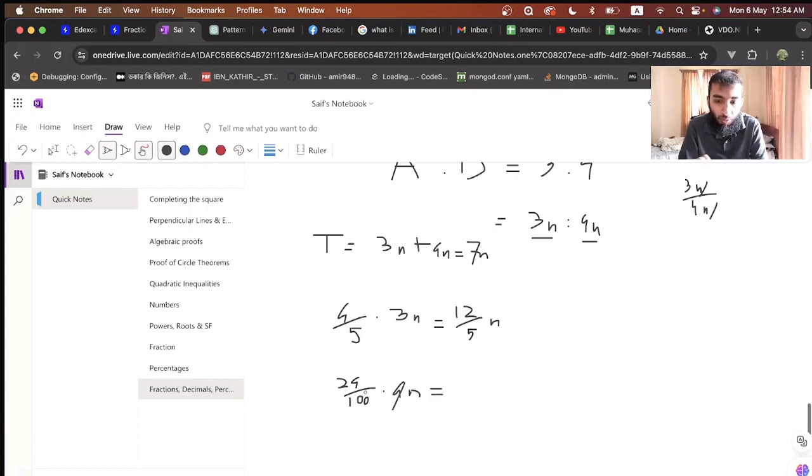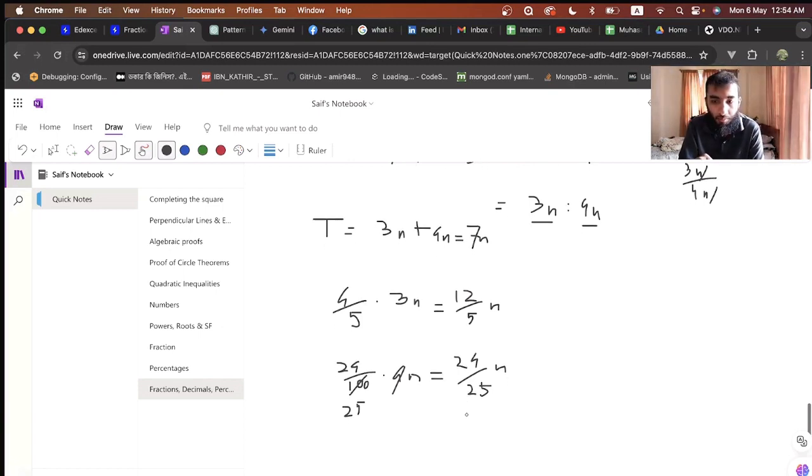So if I divide 4 by 100, we get 25, so 24 by 25 of n. This is from team B who work full time. So the first is the number of people from team A that work full time, and this is the number of people from team B that work full time.